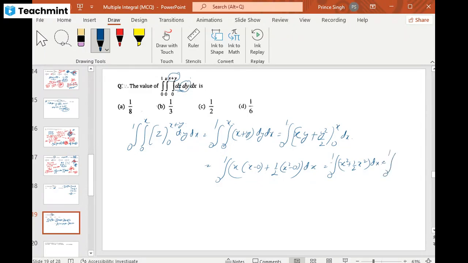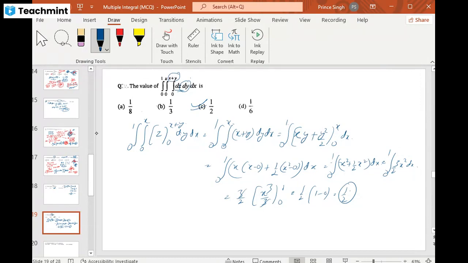So it is 0 to 1, 3 by 2 times x square dx. So 3 by 2 is constant, taken outside. Integral of x square is x cubed by 3 with the limit 0 to 1. 3 and 3 get cancelled out. So 1 minus 0, the answer is 1 by 2. So the correct answer is option C.